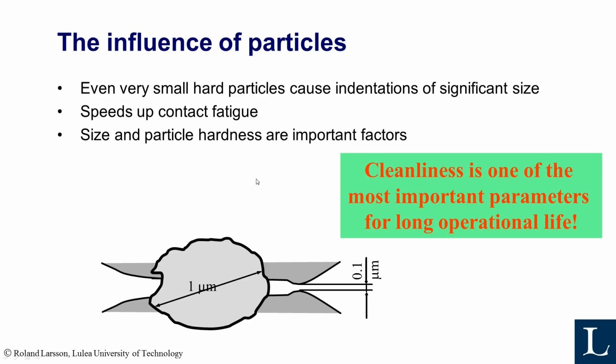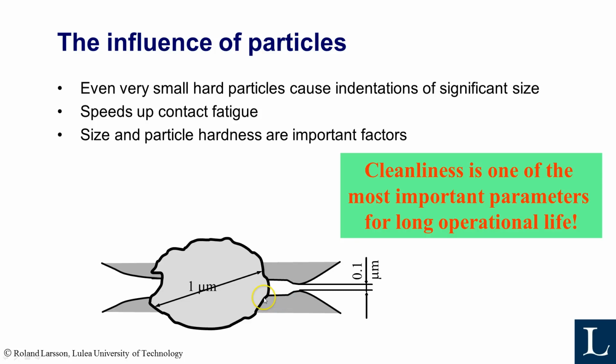Maybe the most important parameters, and even more tricky to determine its influence. This picture shows a 1 micrometer big particle in a contact with only 0.1 micrometer film, which is not at all unusual. And you can of course understand that this thick particle will make some indents in the surface and create some damage in the surface.